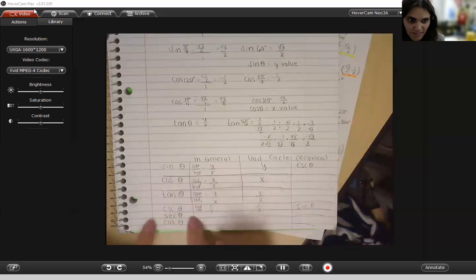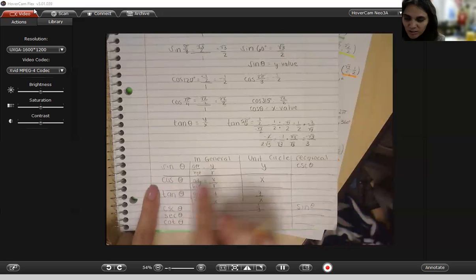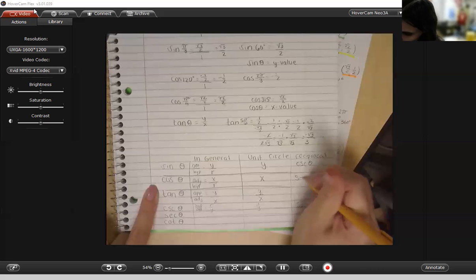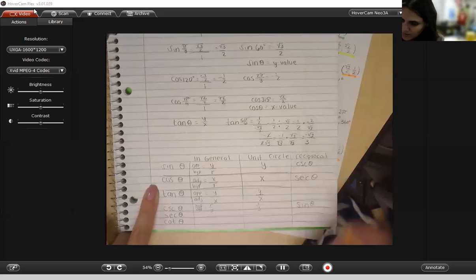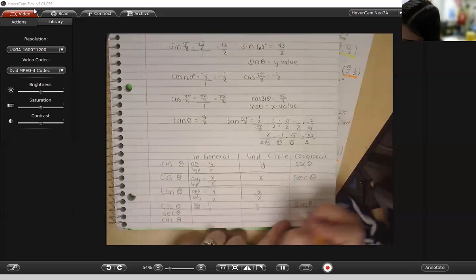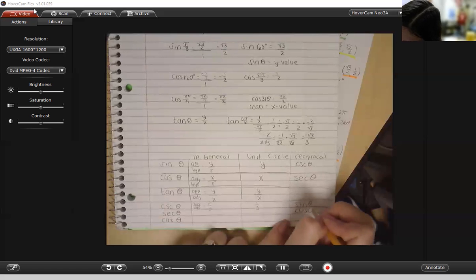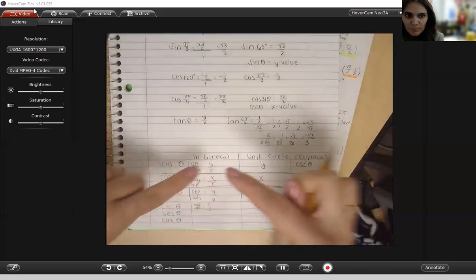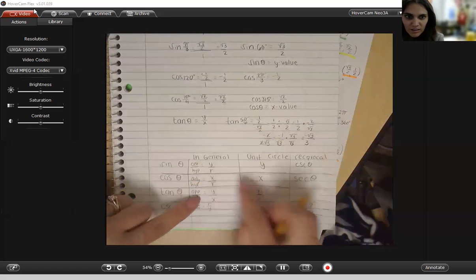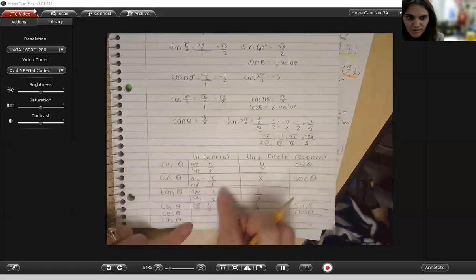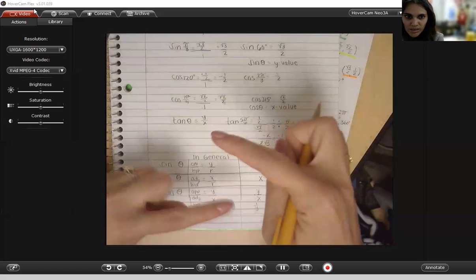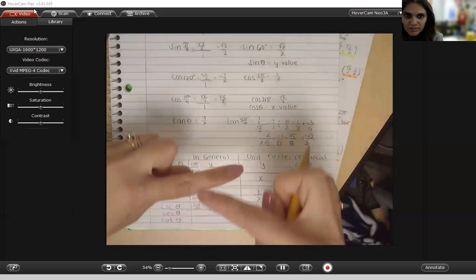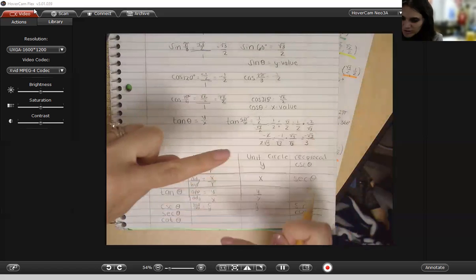My secant is going to be the reciprocal of my cosine, secant theta, which means that cosine is the reciprocal of secant. I just flip them like this, top and bottom flip. So cosine is the x over the radius, which means my secant is going to be the radius over the cosine.